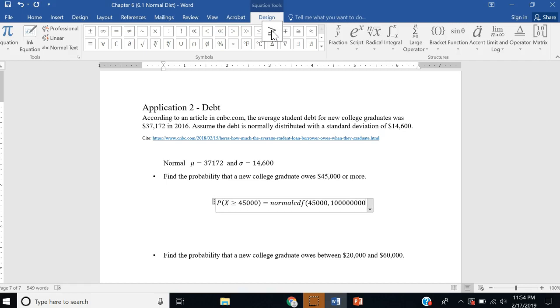If you put 100, obviously 100 is not big compared to 45,000. So we have to make sure that whatever we type in is big in comparison to the numbers we're dealing with. So extremely big numbers, I don't know, 10 million, 100 million, whatever. My mean is 37,172 and my standard deviation is 14,600.